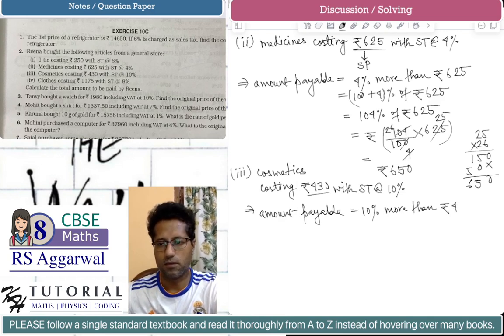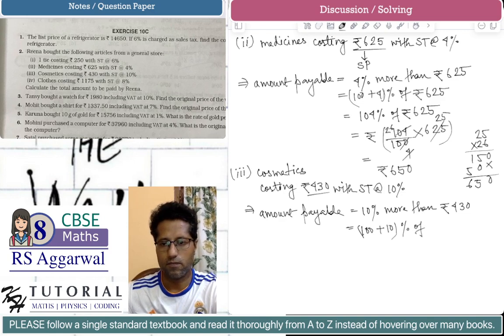rupees 430, which is equal to 100 plus 10% of rupees 430. This is equal to 110% of rupees 430.